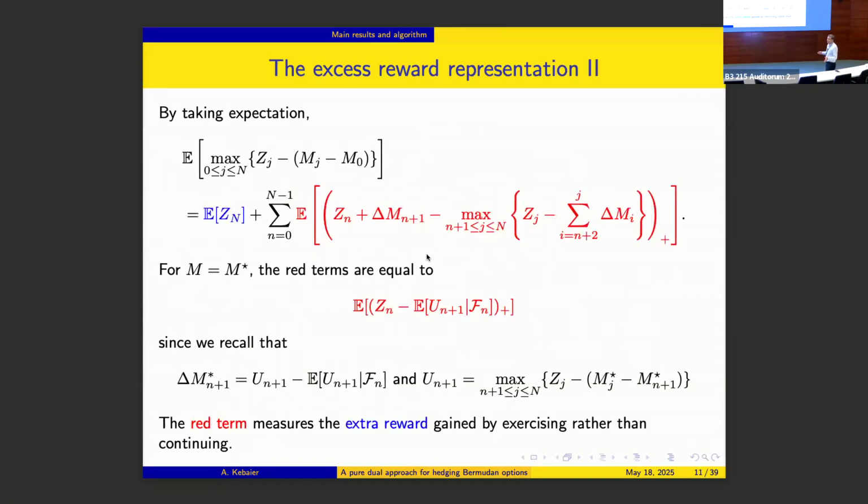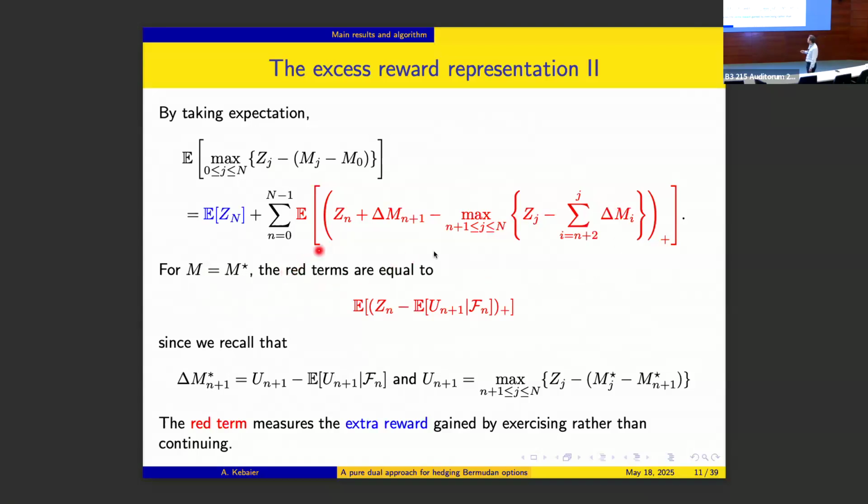Now take the expectation on this last formula. If you take the expectation, this is the quantity of interest. We are able to split it in this way. So the blue term stands for the price of a European option, right? Because capital N is the maturity time.